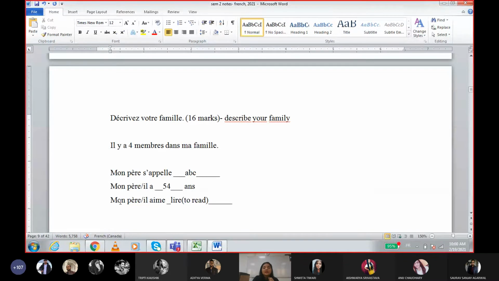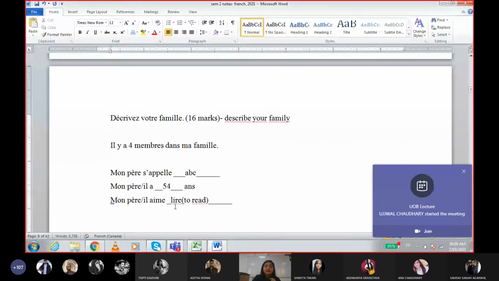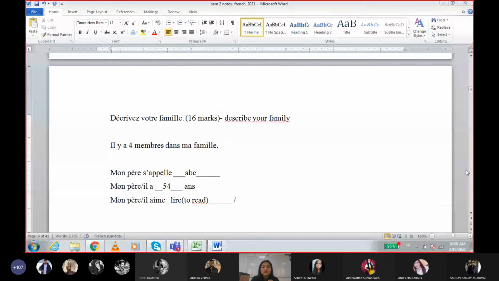Now there is another option that you can write. Why is this lecture so important? There is another option. You can write il a, he is, dash. Okay, il a, he is, dash.